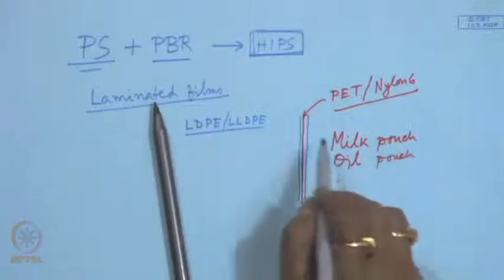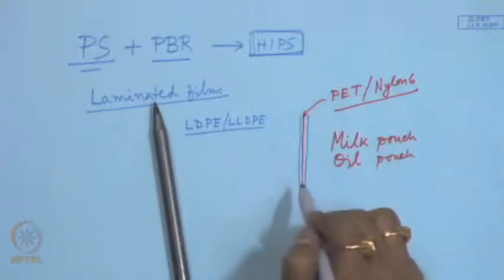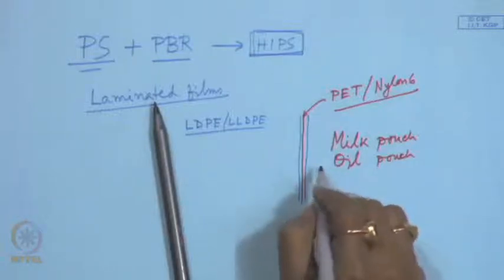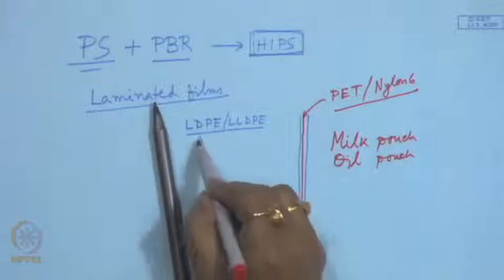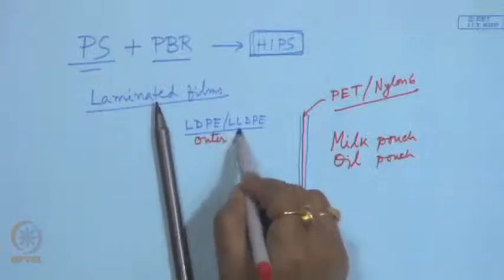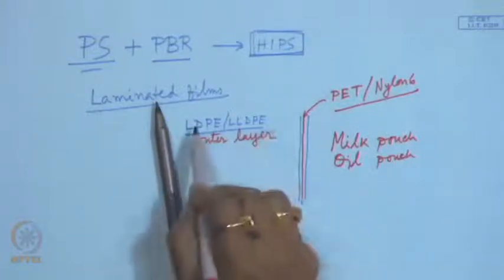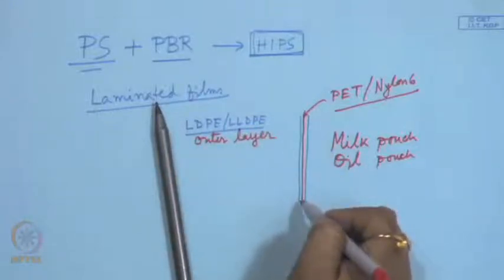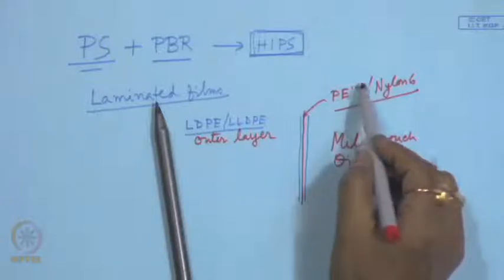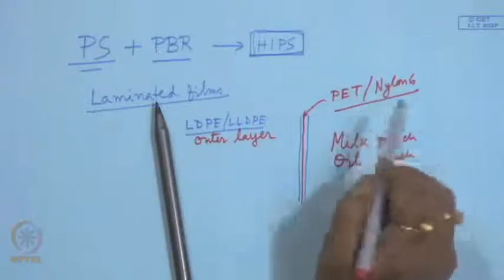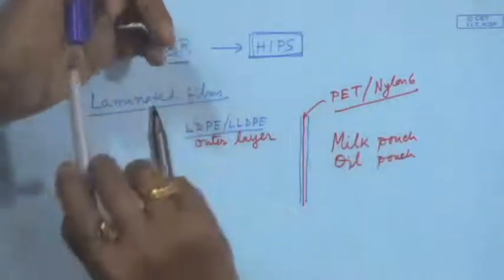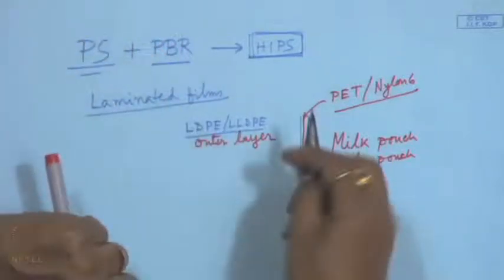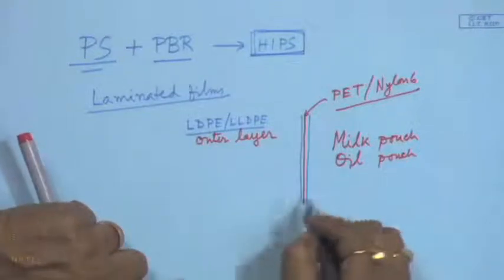These are laminated films, where the outer layer is made of the LDPE and LLDPE blend and the inner layer, known as the barrier layer, is polyethylene terephthalate or nylon 6. So, barrier properties are developed in this fashion.